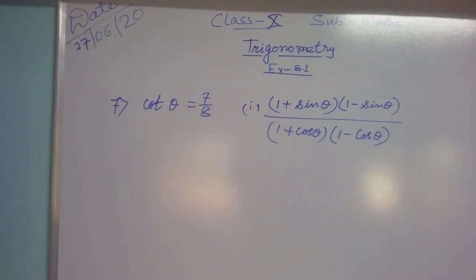Anyone, unmute your microphone and tell us how to solve this problem. You will not be able to write it down in the chat. So any one of you unmute your microphone and then tell me. We have to find out the value of this. Evaluate means find out the value of this.